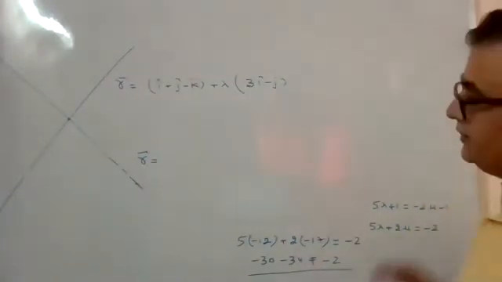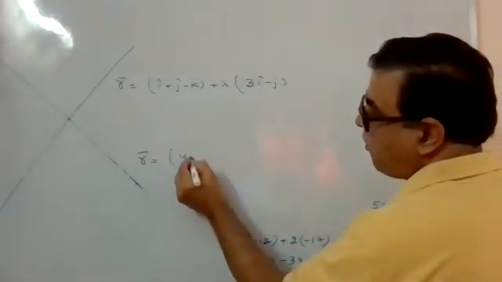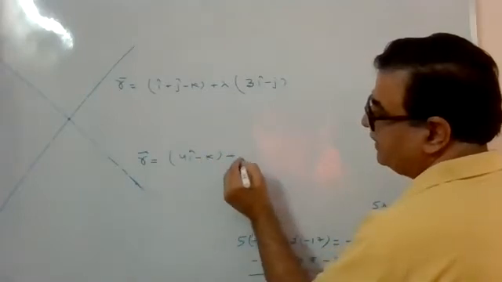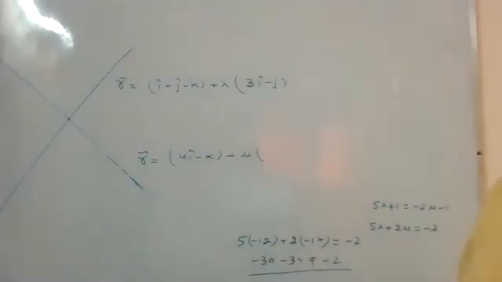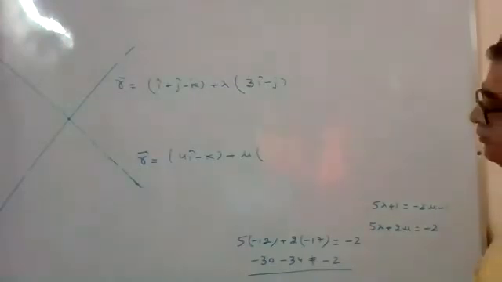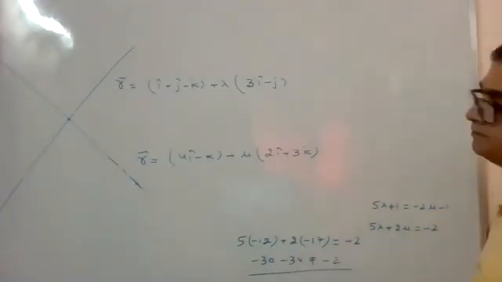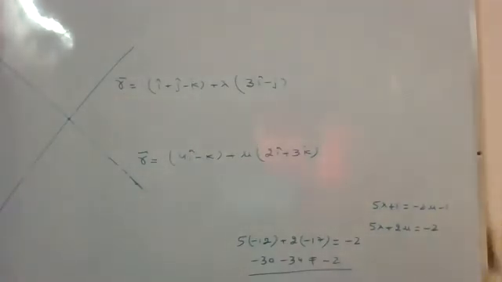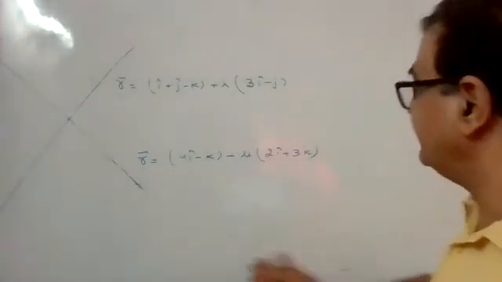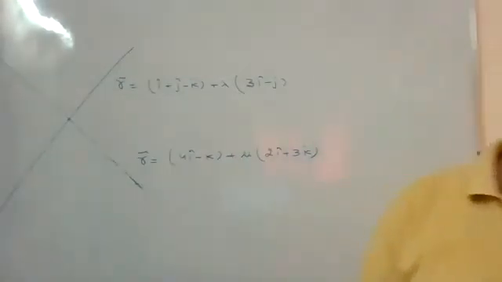Another line is R is equal to 4i minus k plus mu times of 2i plus 3k. Check whether these lines intersect or not. If they intersect, find the intersection point.